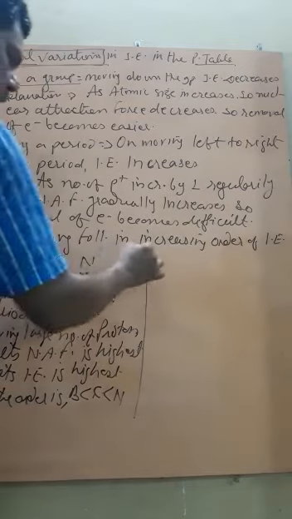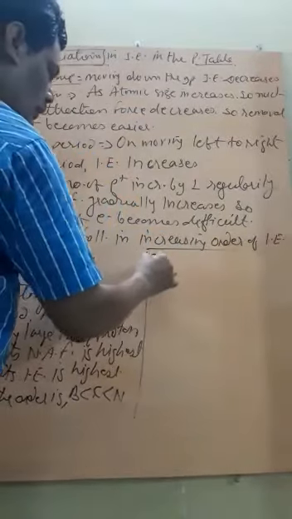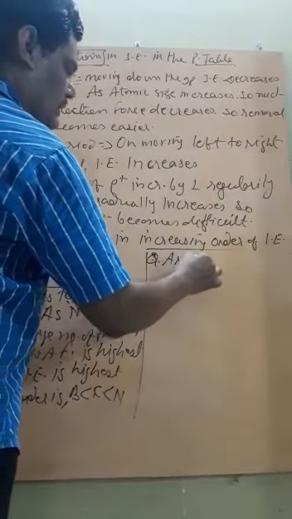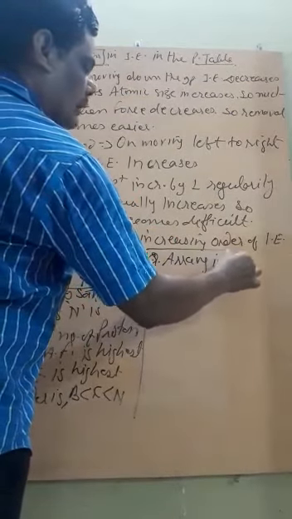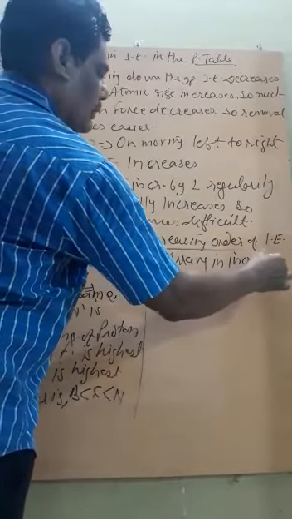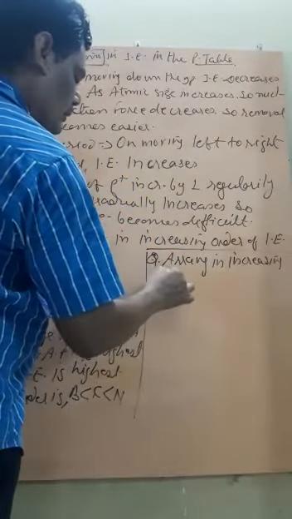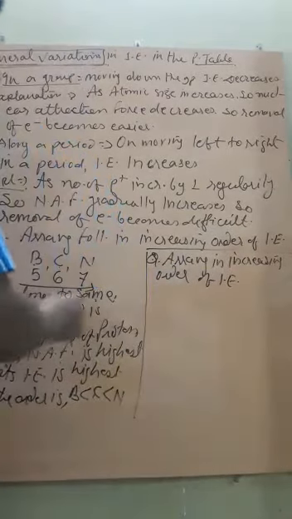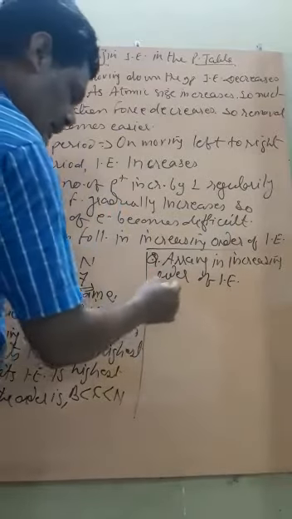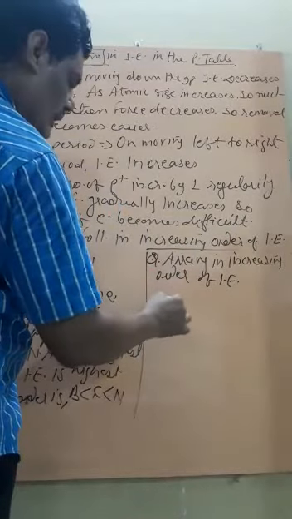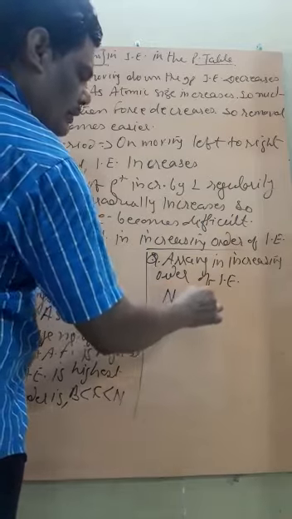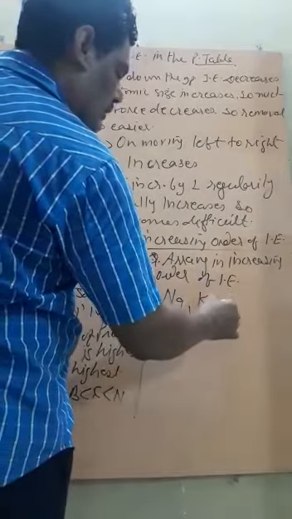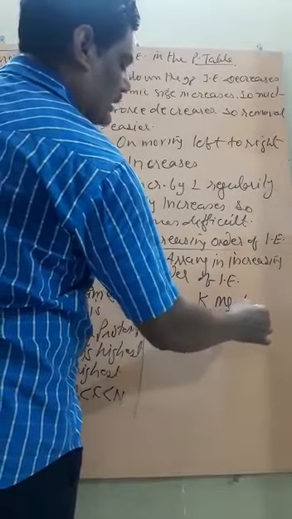Now suppose we are asked the next question. Arrange in increasing order of ionization enthalpy, and suppose the elements given are sodium, potassium, magnesium and lithium.